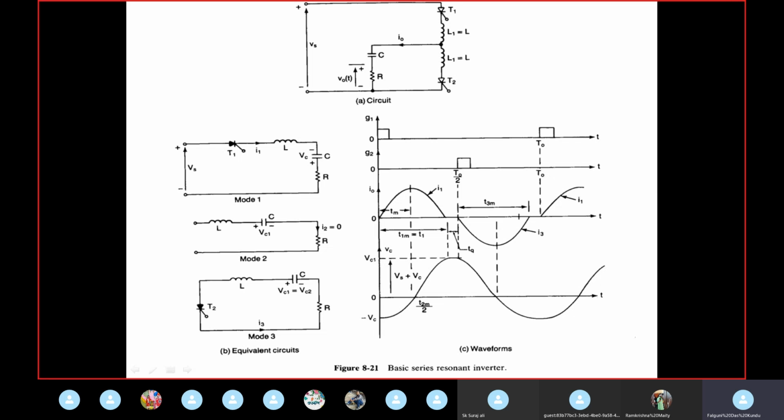Now mode 3. Mode 3 begins when the thyristor T2 is switched on and a reverse resonant current flows through the load.